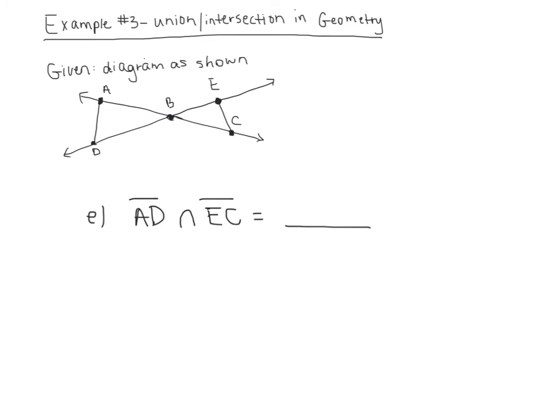Okay, I want to look at one more intersection. What happens when segment AD is asked to find the intersection with segment EC, and they clearly do not intersect. There is no overlap. We need a way to say that, or to have notation for that. So I have a choice. I can either use the no solution symbol.